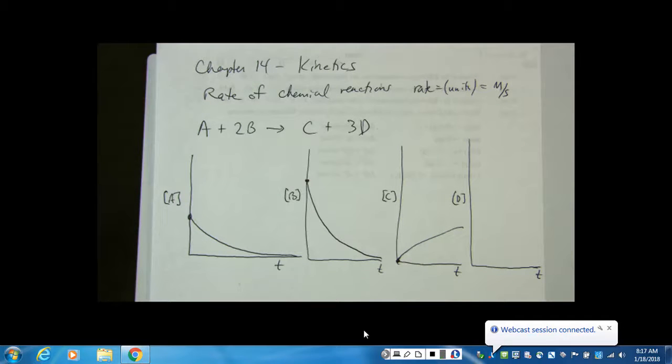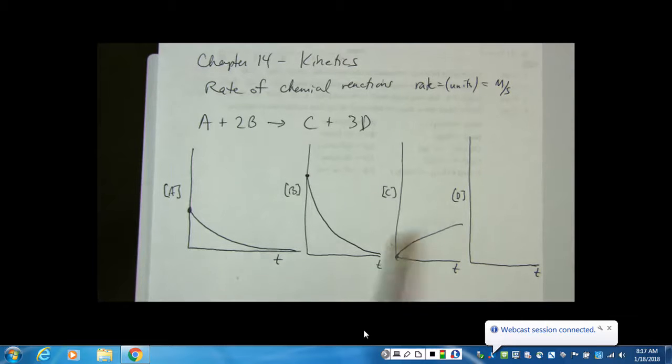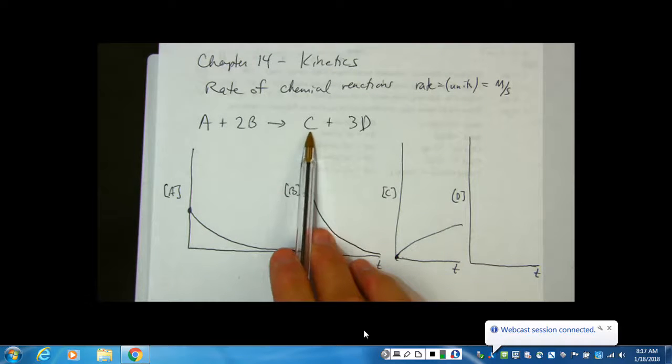It wouldn't be zero, but it would be a straight line across at whatever the initial concentration was. So the sum of the A reactant that's left plus the amount of C that's been produced is a constant. However much A is consumed, C is produced.